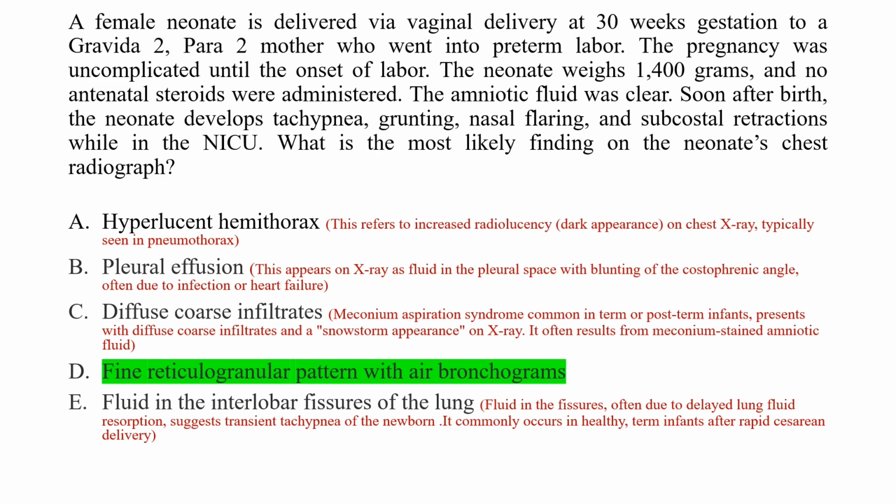Since this infant's amniotic fluid was clear, meconium aspiration syndrome is unlikely in this case. And option E is incorrect because this finding is more typical of transient tachypnea of the newborn, which is often seen in term infants after a rapid cesarean delivery due to delayed resorption of fetal lung fluid.